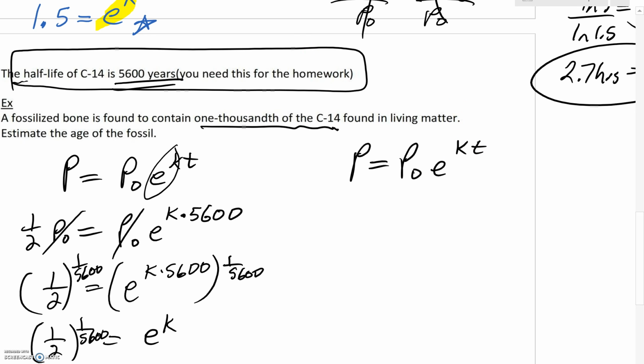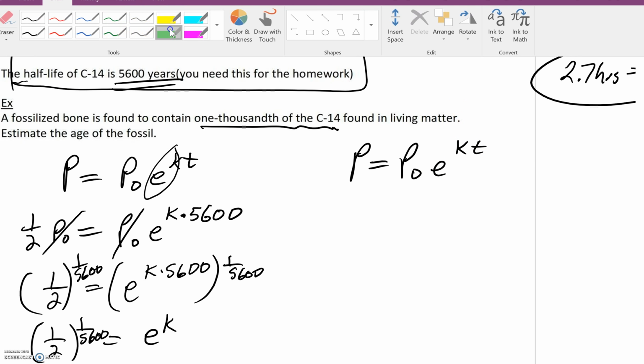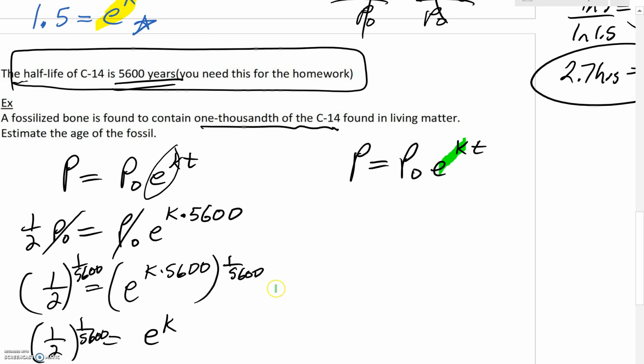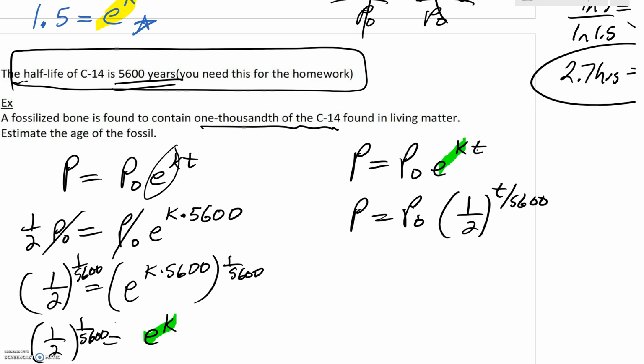Here we go again. We can say that e to the k, guys, that e to the k I've got right here, it only takes a moment for kids to hopefully make that connection that it really becomes 1/2. Now the t can actually come up and multiply to t to the 1 over 5,600. Look at what we have right there.